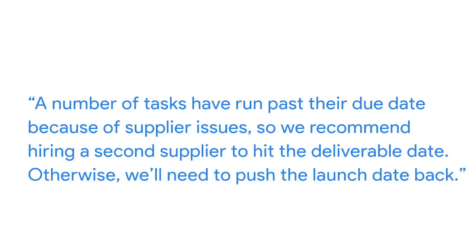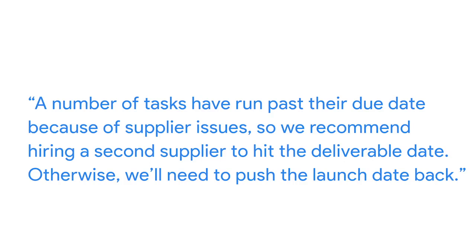For instance, let's say the project plan has 5 tasks overdue because of supplier delays, and this may ultimately affect the final deliverable of your project. You've been working on creating a few solutions to mitigate this issue. Rather than sending your stakeholders a link to the plan and pointing out all of the overdue tasks, you might summarize the problem by telling them, a number of tasks have run past their due date because of supplier issues, so we recommend hiring a second supplier to hit the deliverable date.